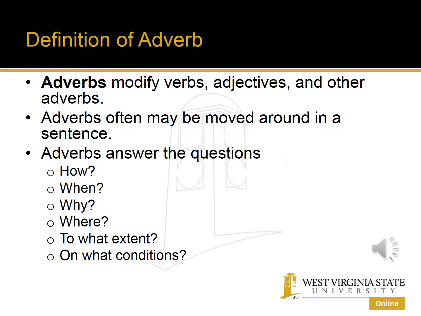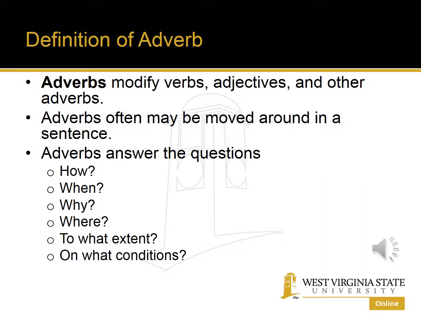The second part of speech that we'll be looking at in this lecture is the adverb. Adverbs modify verbs, adjectives, and other adverbs. That's all they modify. So the important thing to remember here: adjectives only modify nouns and pronouns. Adverbs modify verbs, adjectives, and other adverbs.